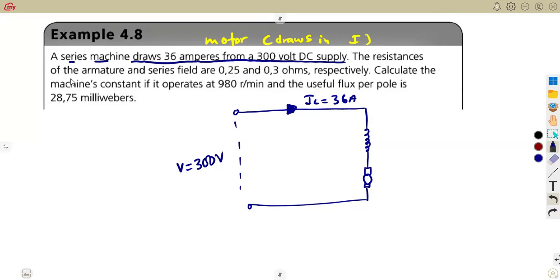The resistances of the armature and series field respectively, meaning to say they gave us first the armature, 0.25, and of the series field, 0.3. This time you're given these resistances. So from this information, calculate the machine's constant.